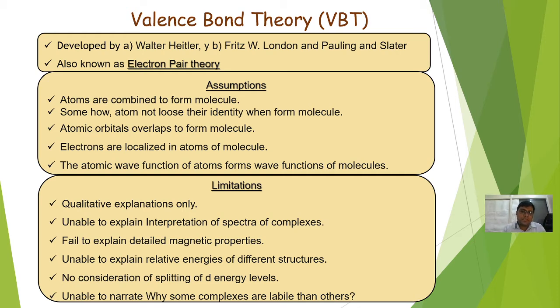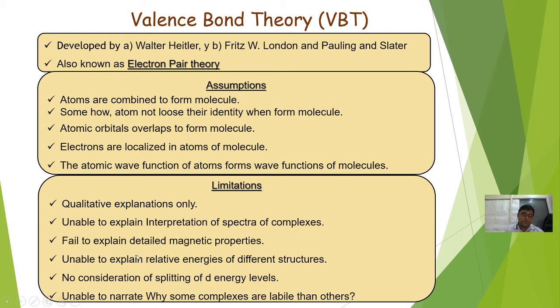But these are the assumptions, and valence bond theory itself has some limitations. Valence bond theory just qualitatively explains the concept of bonding, and it is unable to explain interpretation of the spectra of complexes.